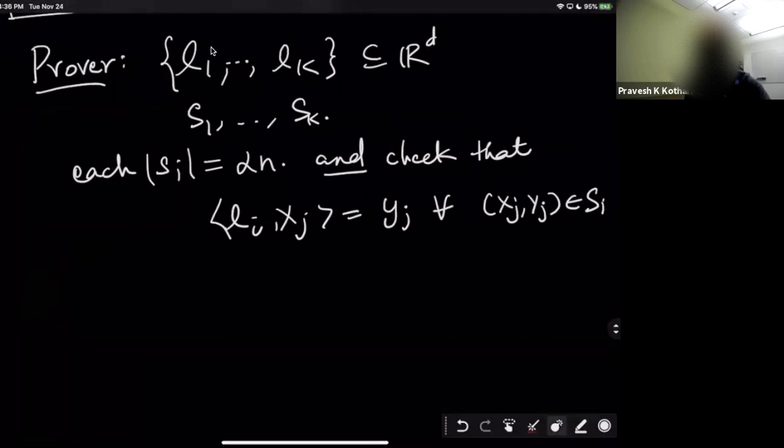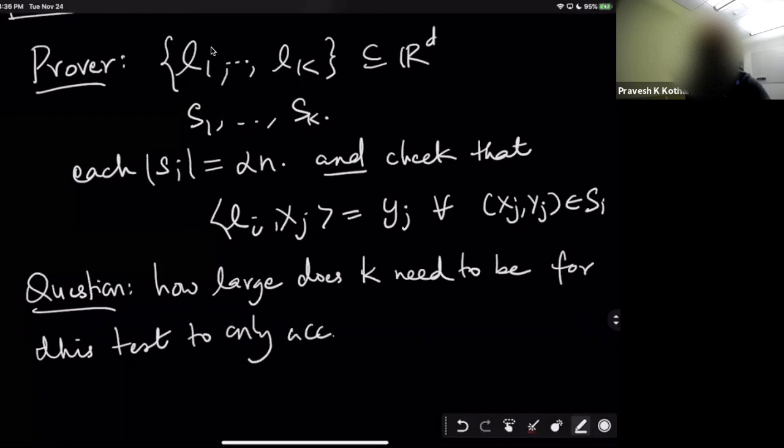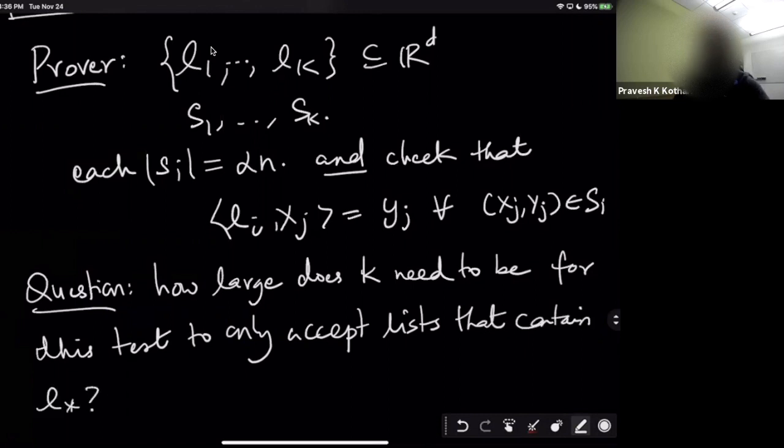So the question is, and this is basically the question that Praneeth was asking earlier, how large does K need to be so that any list that passes the checks that I have here contains L star? Okay. Silly question number 4. What do you think is the answer to this question?